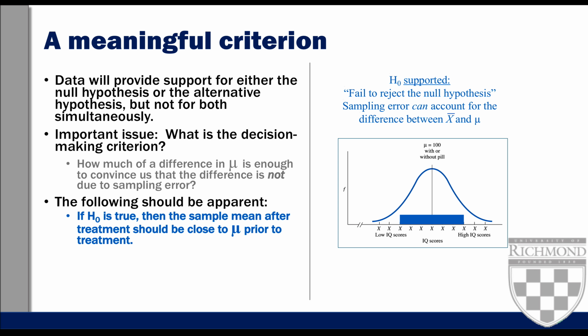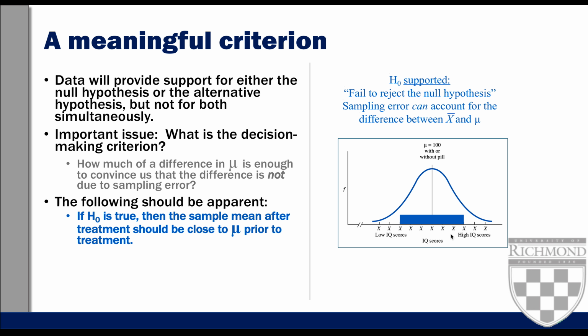So the following should be apparent. If the null hypothesis is true, then the sample mean after treatment should be pretty close to the mean prior to treatment. So here's a distribution of IQ scores, right? They have a mean of 100, standard deviation of 15.